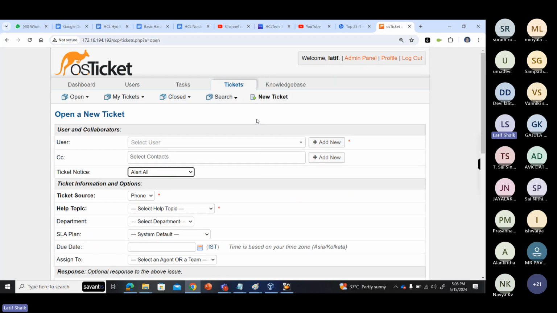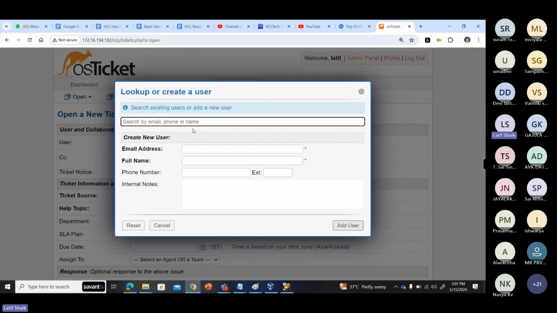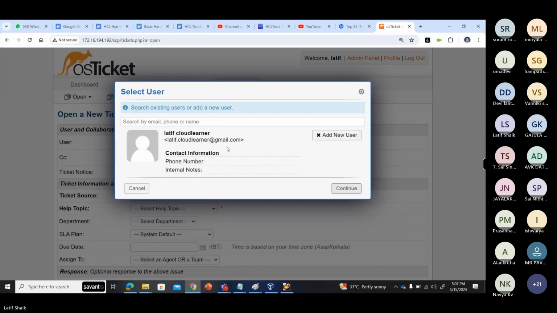So when you receive a letter ticket, you have to create a new ticket, or you can search for a user. See, so I add a user. This user called me and told me an issue. So I create a ticket based on that, giving the user information.